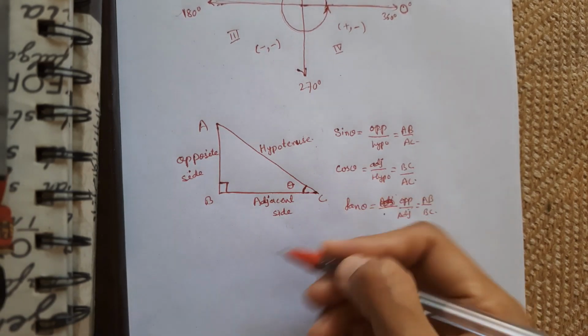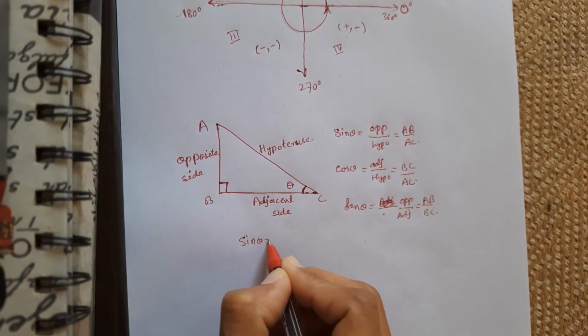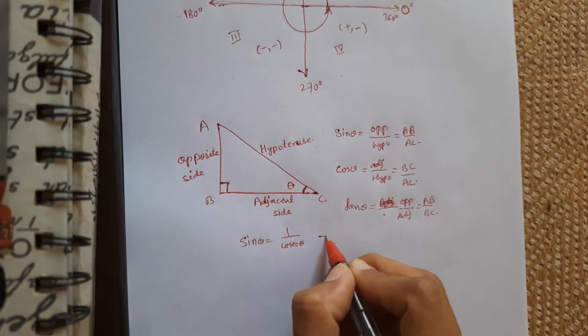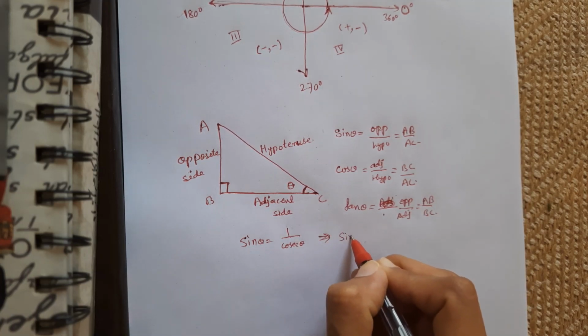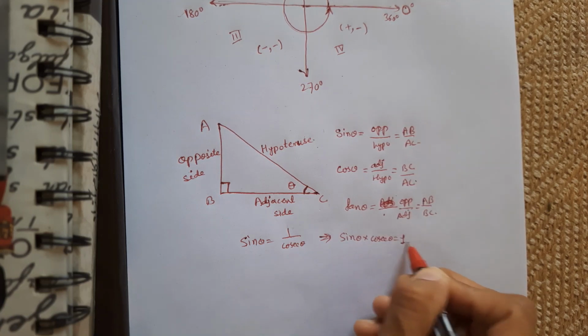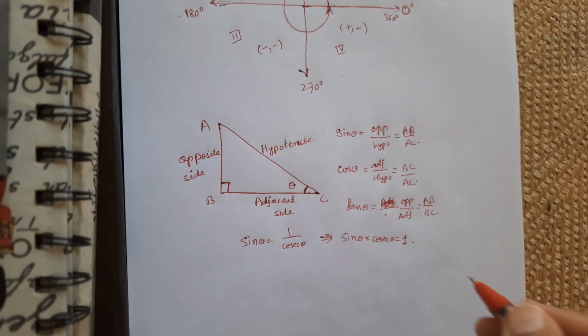Similarly, the reverse of this: sine theta is equal to 1 upon cosec theta. From this you know the identity that sine theta into cosec theta is equal to 1. We discussed all this in the revision lecture, the very first lecture of this series. You can go to YouTube and watch it again if you have any confusion.